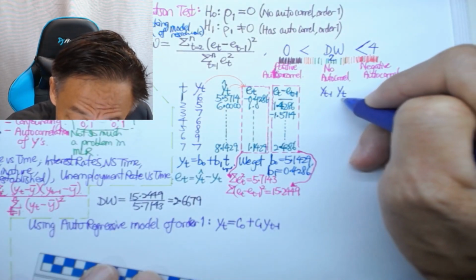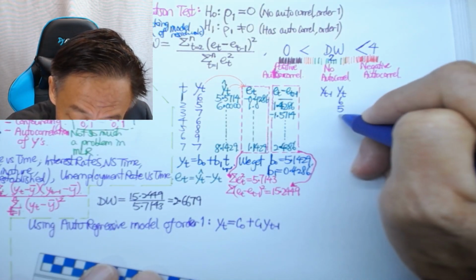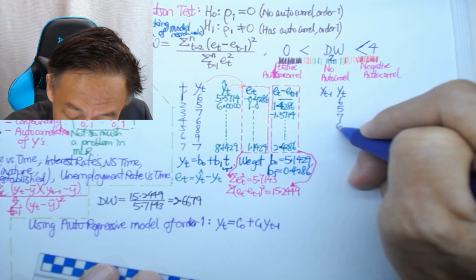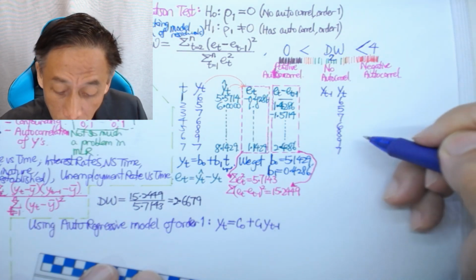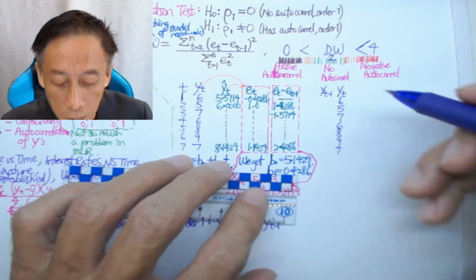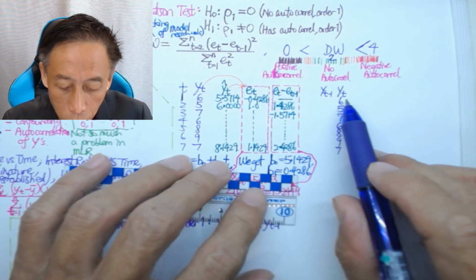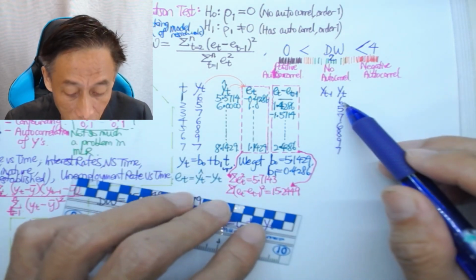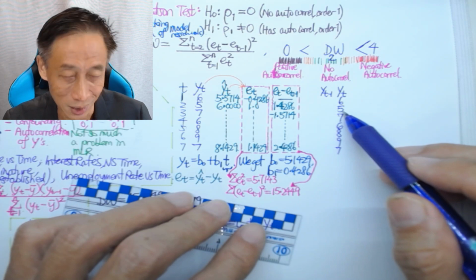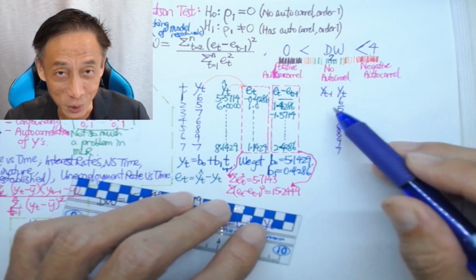We just copy 7, 6, 8, 9, 7. And y of t minus 1 is, you see, we would like to use the previous value to explain the next value. So we like to say GDP of year 1 explains GDP of year 2, not the other way around. So don't shift wrongly.